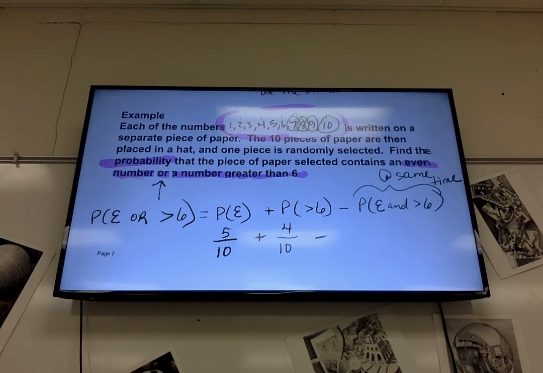Then I subtract any numbers that are both even and greater than 6. So do we have any numbers that are both even and greater than 6? What numbers are even and greater than 6 at the same time? 8 and 10. 8 is an even number and it's bigger than 6. 10 is an even number and it's bigger than 6.